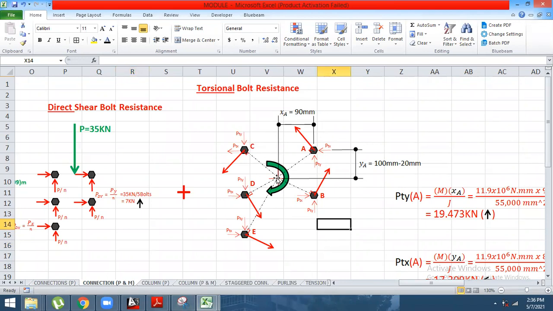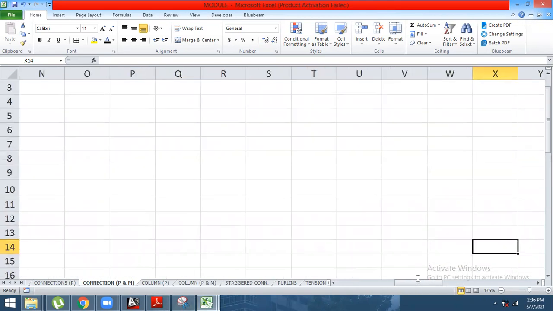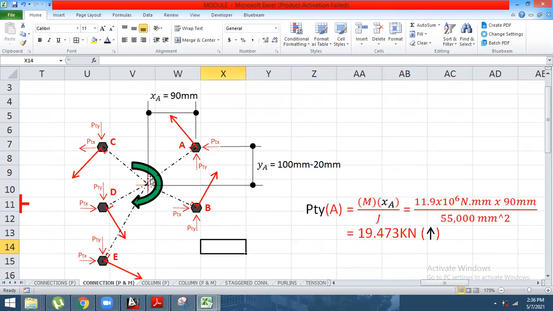That moment will act on the centroid of all the bolts. So from the center of the bolts, we're just going to make a straight line going to each bolt.